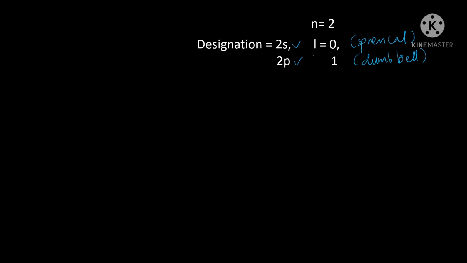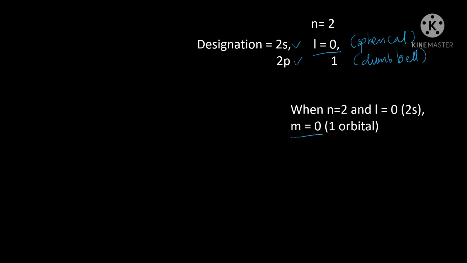For L equals 0, there will only be one allowed magnetic quantum number, which is m equals 0. Since only one magnetic quantum number can be written for L equals 0, it means that in the 2s subshell there is only one orbital present, and that orbital has the spherical shape.